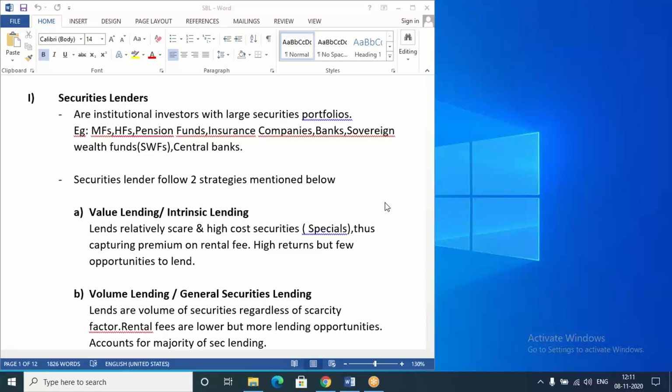Okay. So lenders, when they lend in the market, would try to follow one of these strategies.